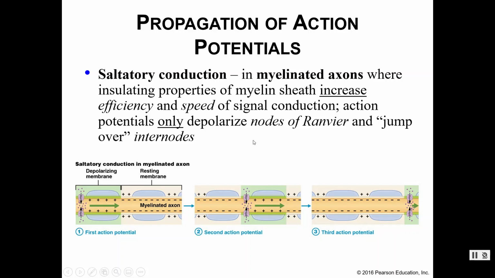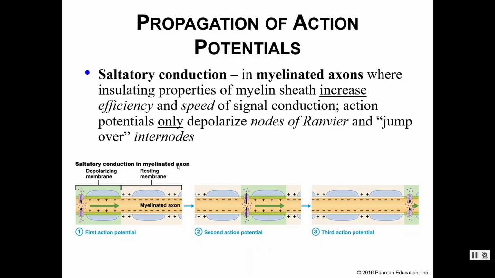In myelinated axons, the myelin sheath itself increases the efficiency and the speed of conduction, and the action potentials only depolarize the nodes of Ranvier and jump over internodes, which is kind of cool.